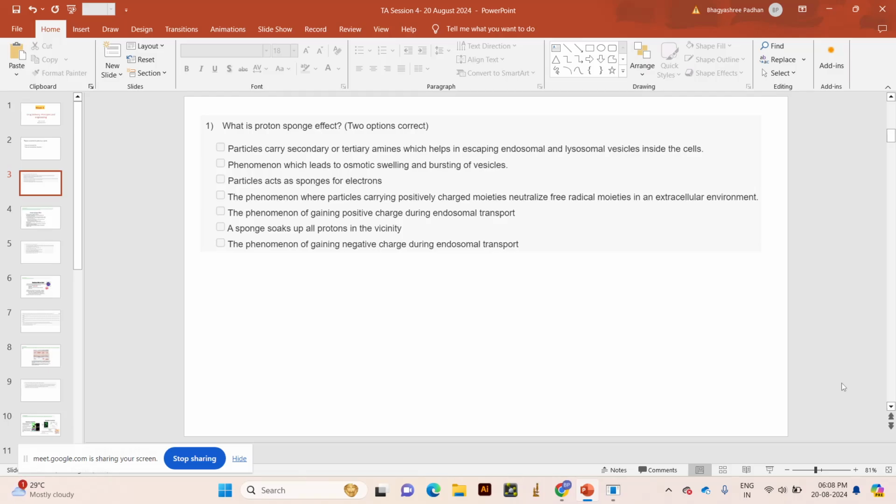Which of these options do you think is correct for proton sponge effect?